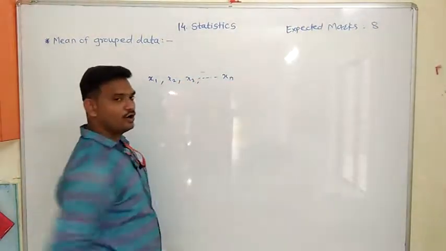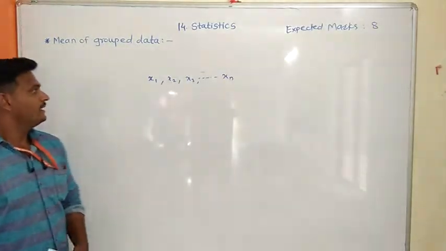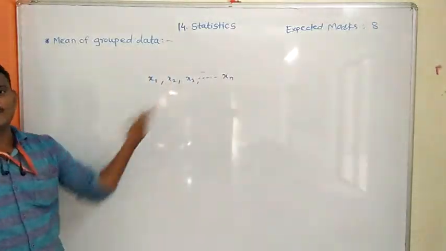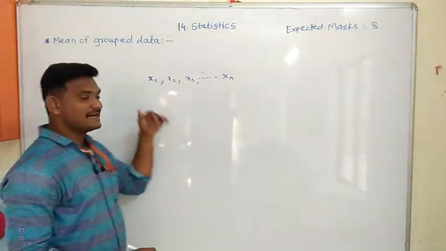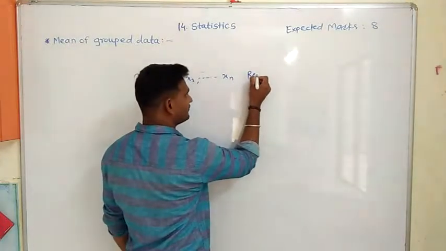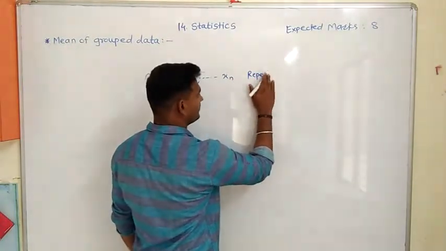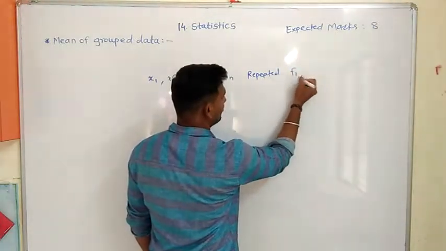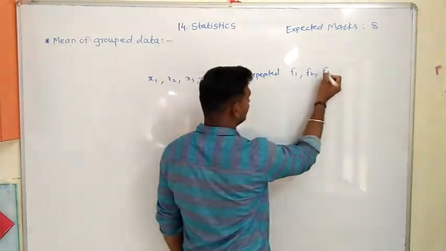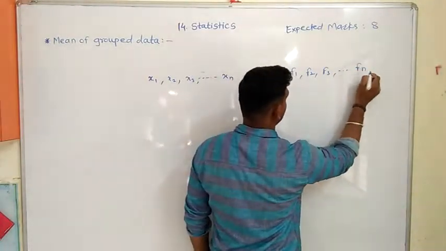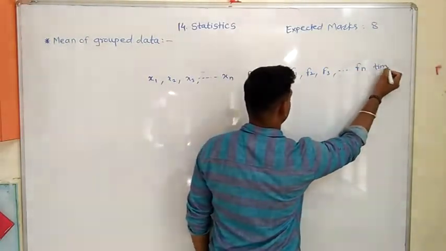These observations are repeated, and we will assume they are repeated f1, f2, f3 and so on up to fn times respectively.